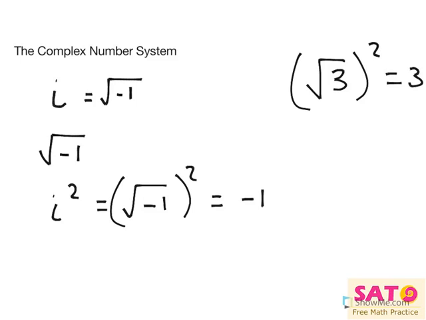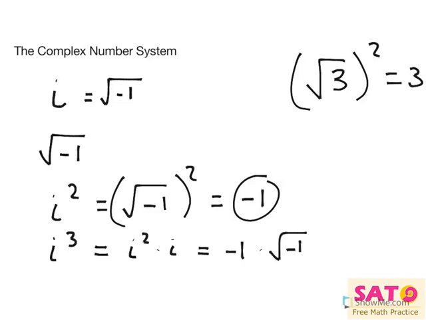The next thing you need to know is that i to the third power, which is also i squared times i, is -1 times the square root of -1, which gets you negative square root of -1.